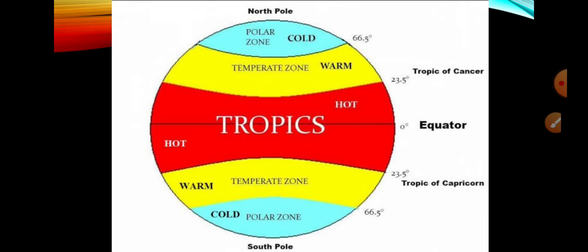In between the lines of Tropic of Cancer and Tropic of Capricorn lies the torrid zone. Then the temperate zone is above in both the poles, and the last one, blue color, is the frigid zone.